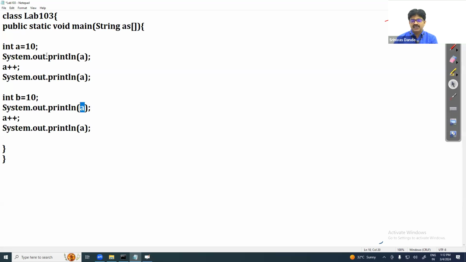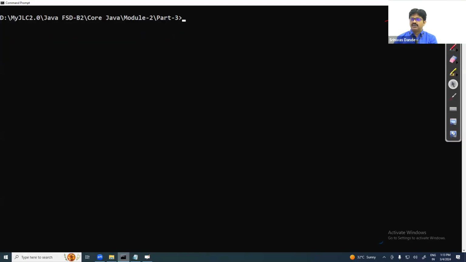The values will change only when you have assignment, like B--. So it doesn't make any difference here. First A value 10, increase by 1, A is 11. First B value 10, print it, then decrease by 1, B is 9. So 10, 11, 10, 9. Nothing new, as we understand.